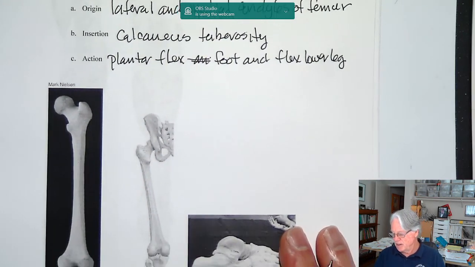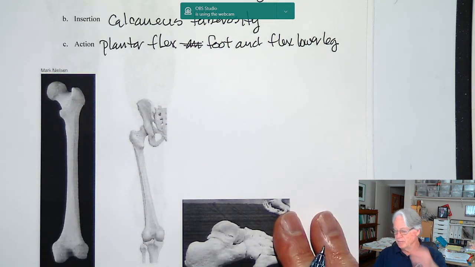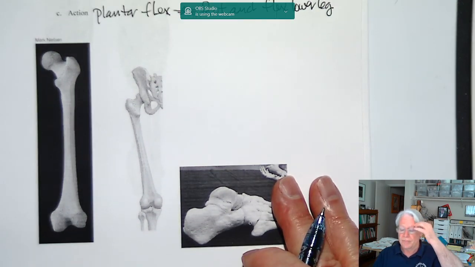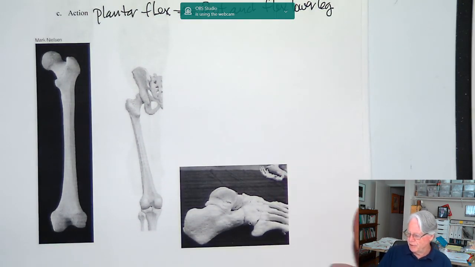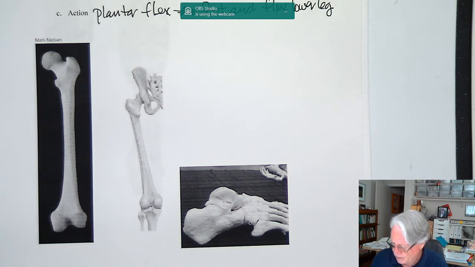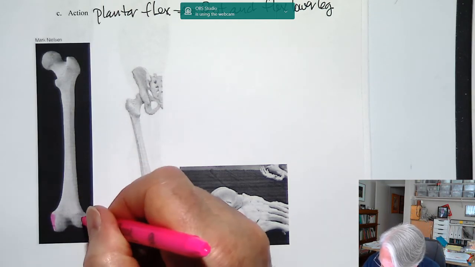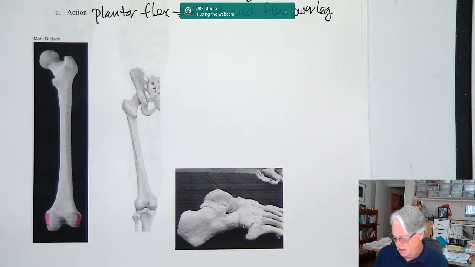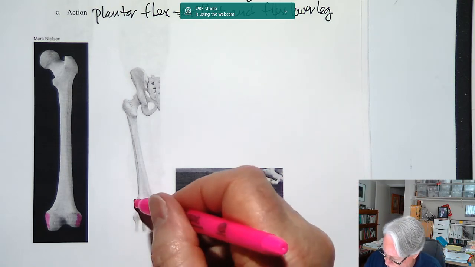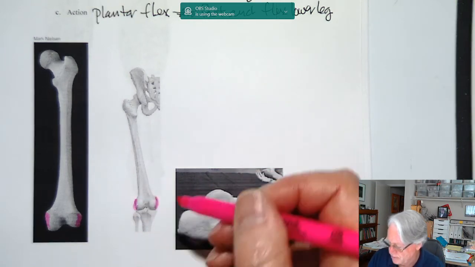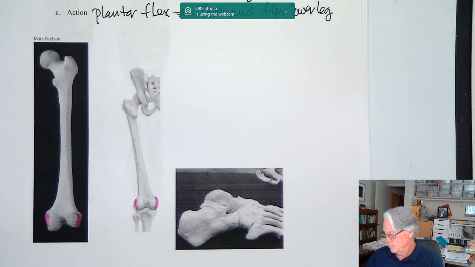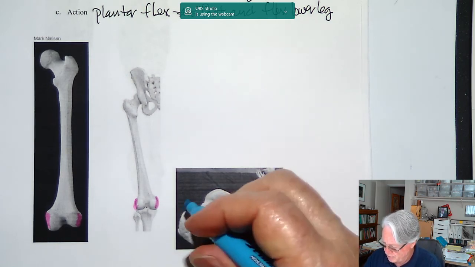Lateral and medial condyles of the femur, so we're crossing the knee, and then it's going to insert on the calcaneal tuberosity. So in red, we're going to start here, and here, and then we're going to insert right here.